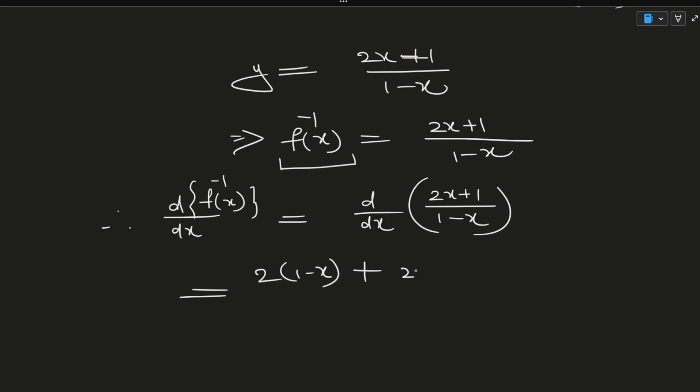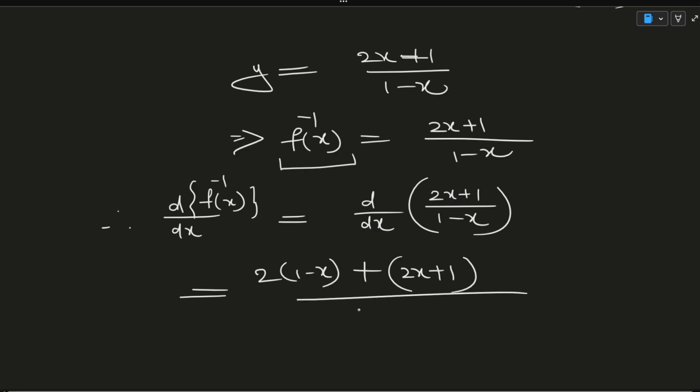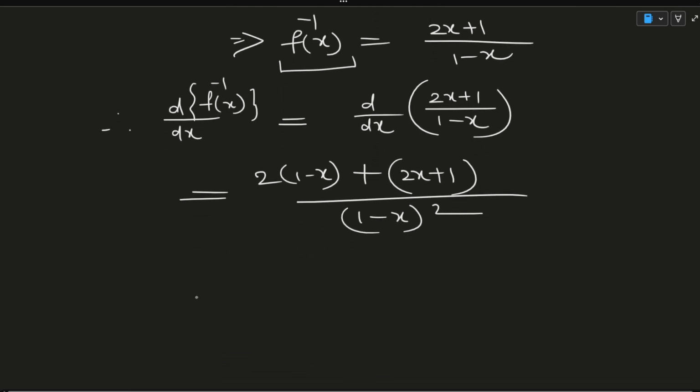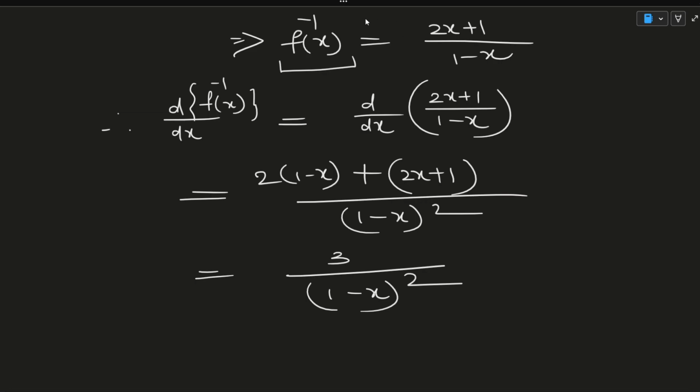Okay, so it will be 3 by (1 minus x) square. So now we'll just check our option.